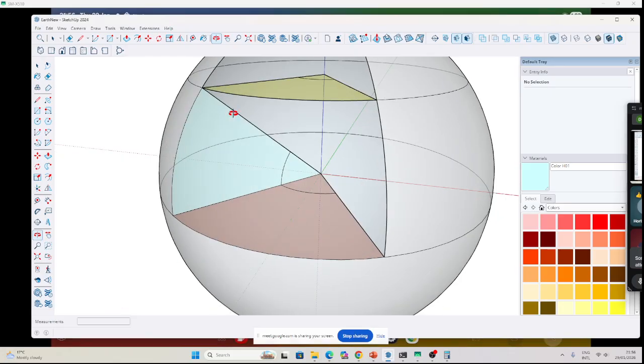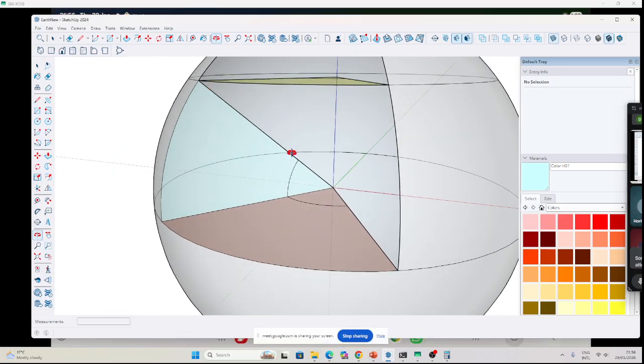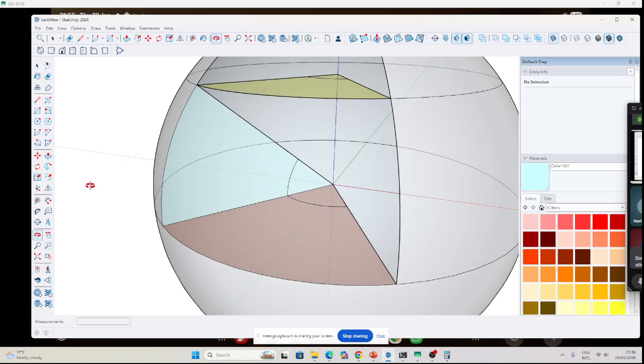If this is Earth radius, you can see this. What is this angle? Latitude. Why is that?